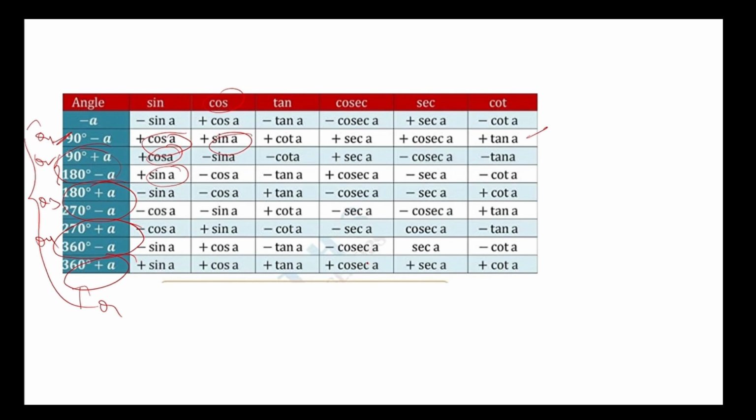Instead of remembering this big table, you have to follow certain basic concepts to find the values of sine 90 plus theta, cos 180 plus theta, etc. Now let me extend the concept: how can you find the values of such large angles?